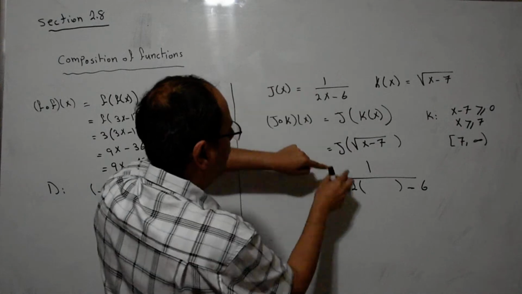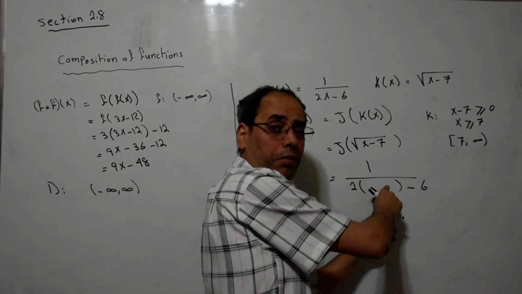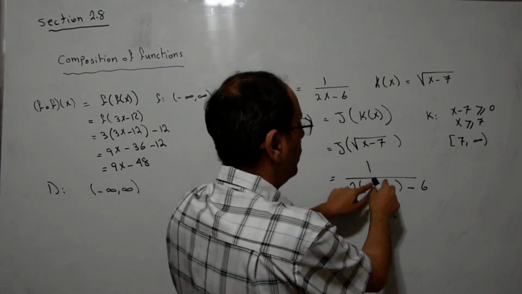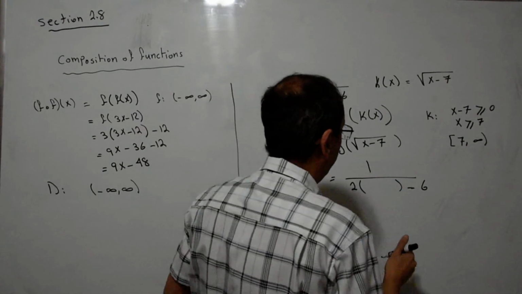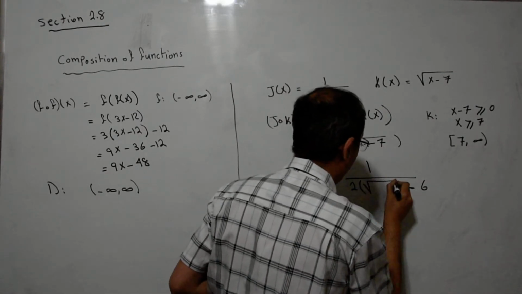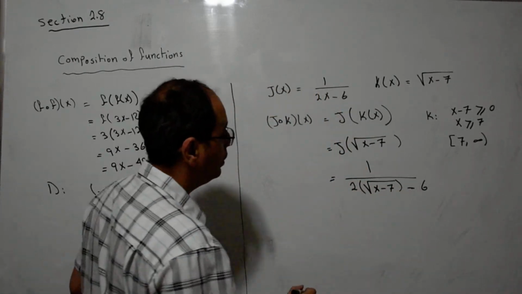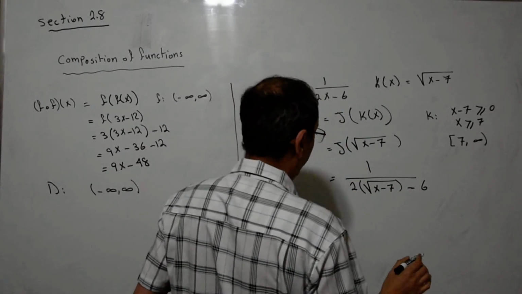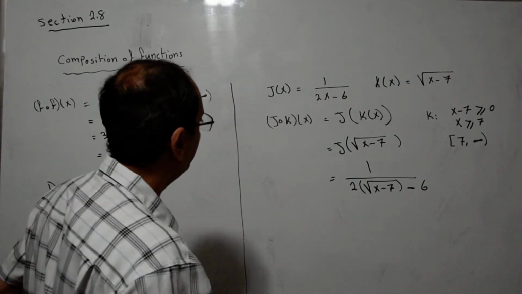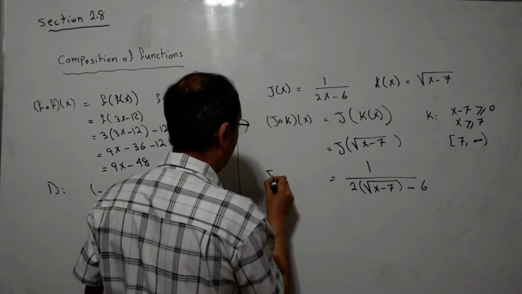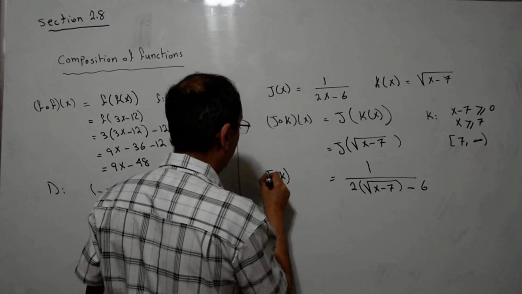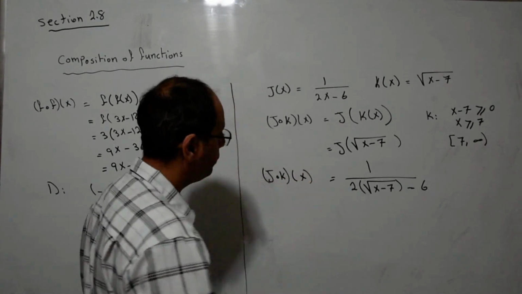So look at this one, they are the same, but I made a blank parenthesis so I can put this input here. So I have here square root of x minus 7. Okay? Alright, so now this is j compound k of x.